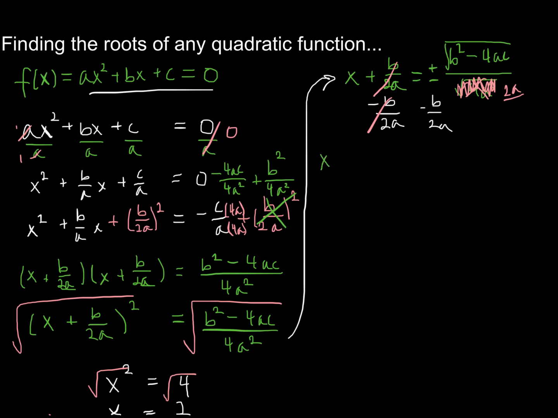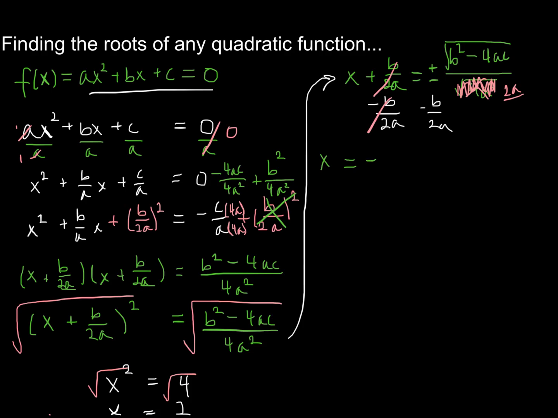And so on the left side, I'm left with x. And here I'm finally going to not line up my equal signs, simply so that I have enough room on the right side. I have that x is equal to, and let's just write the negative b over 2a first, and then the plus or minus this piece here.